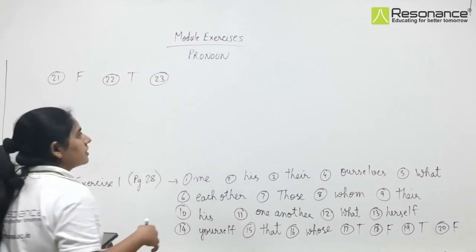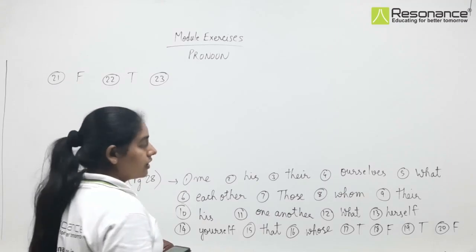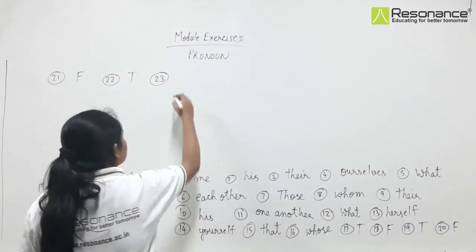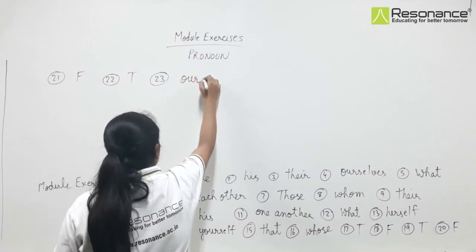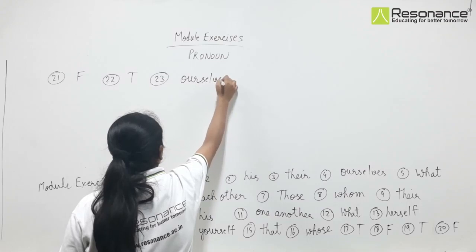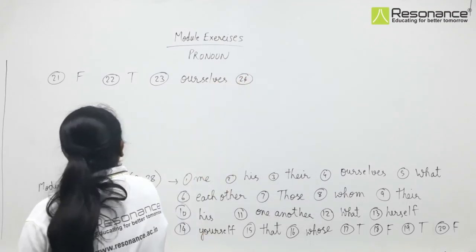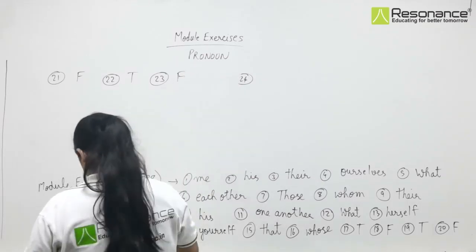Who is used in general, but whom is used for formal written English. Question 23. The reflexive of we is yourselves. The reflexive of we is ourselves. This is the reflexive case. Sorry. So this is false.